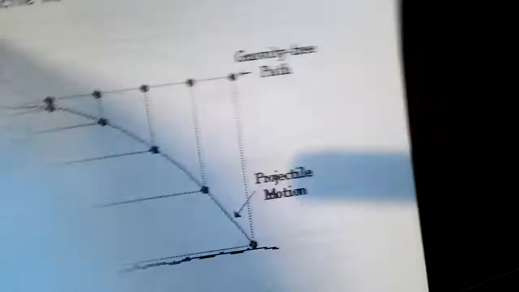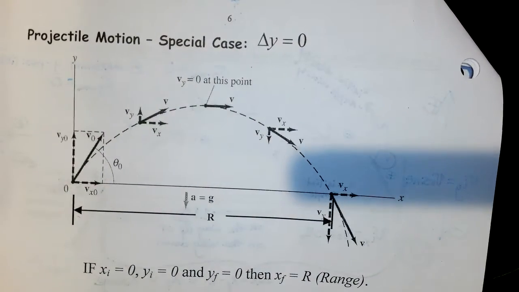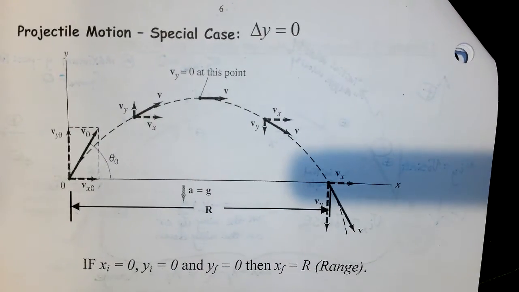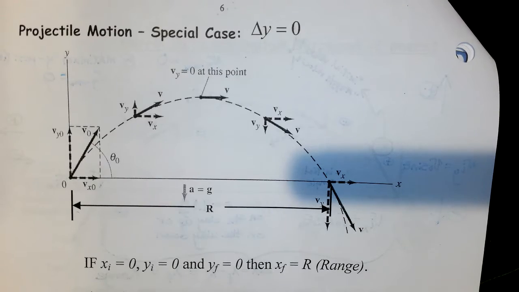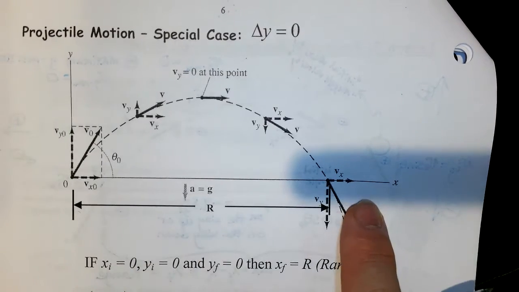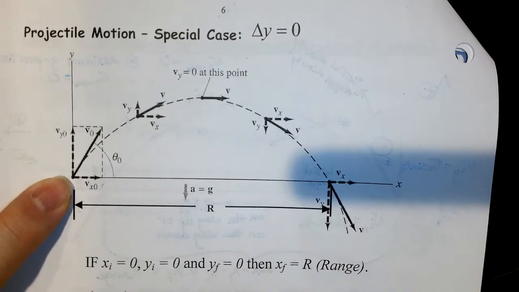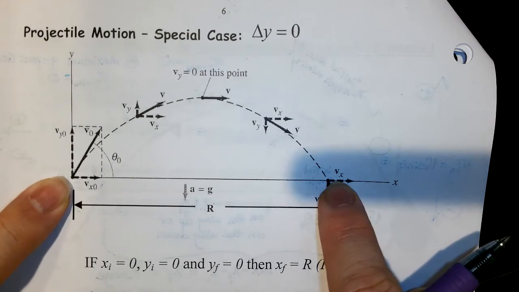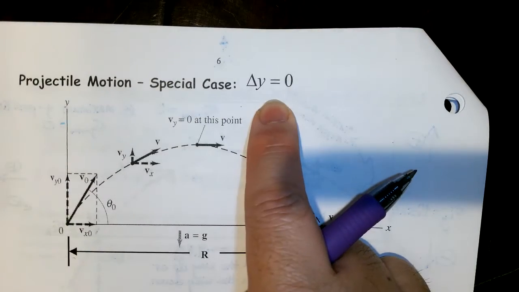All right, let's take a look at a special case. This is a special case for the flat earthers. Those of you who are believers of flat earth, this problem is for you. We're going to assume the earth is flat, and when we fire this thing, we start at 0 height and it ends up at 0 height so that my delta y is 0.